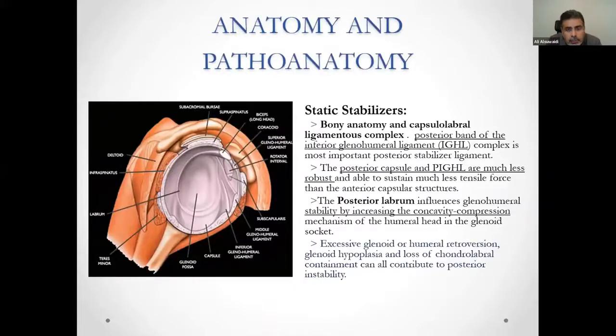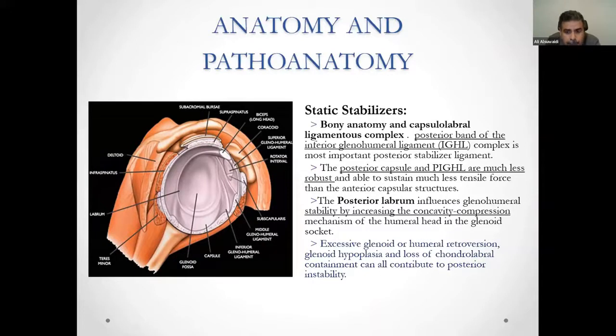Now, just to go quickly over the anatomy and pathoanatomy. On the posterior aspect of the shoulder, what gives the stability from posterior translation is the posterior band of the inferior glenohumeral ligament, which is not as strong or robust as the anterior band of the inferior glenohumeral ligament.